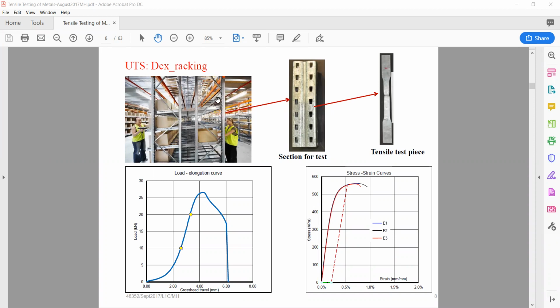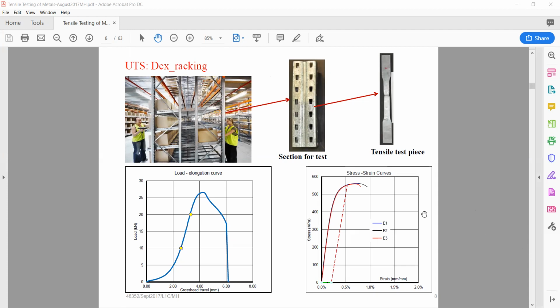We take a section of that, then from that section we also cut a sample, a test piece.